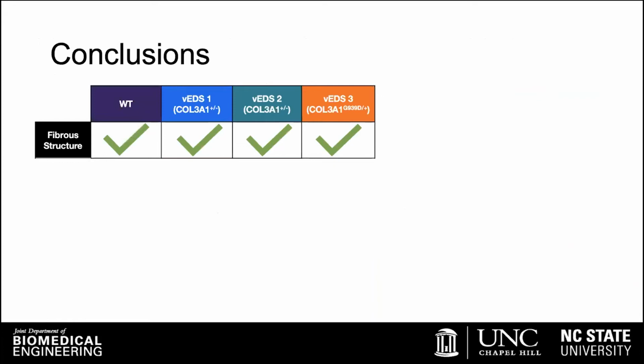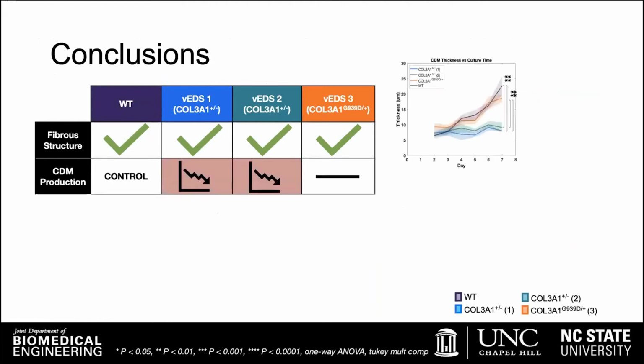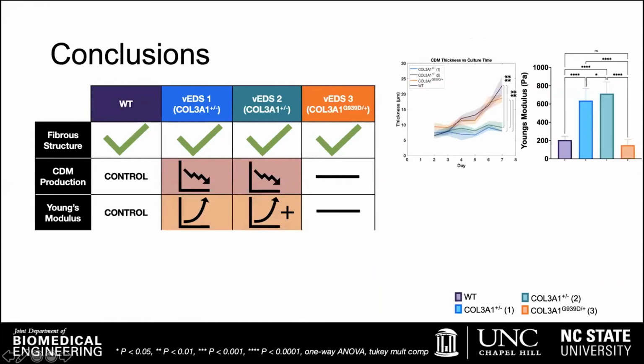So today I've shown you that we've been able to derive cell-derived matrix that has a fibrous structure for all of the cell lines that we've looked at, and that there have been some differences in the characteristic properties we've looked at. We've seen a decrease in overall cell production for the two haploinsufficient VEDS lines, as well as an increase in the stiffness or Young's modulus of those cell lines overall.